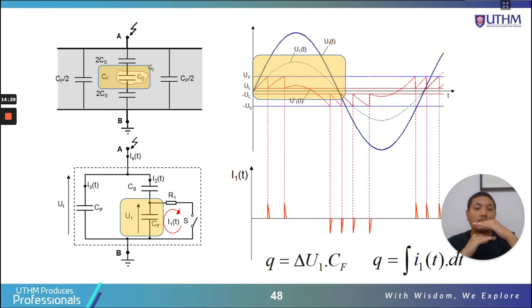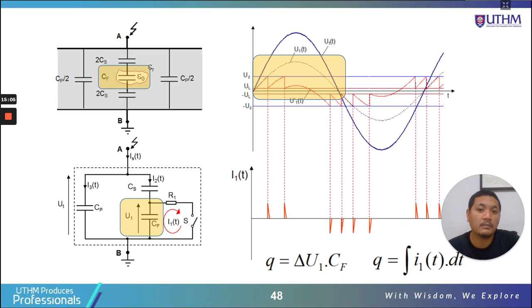You can imagine a capacitor building up voltage, and when it discharges, the voltage is gone and current flows to discharge all the charges inside the air pocket.